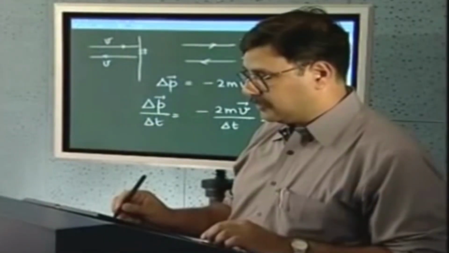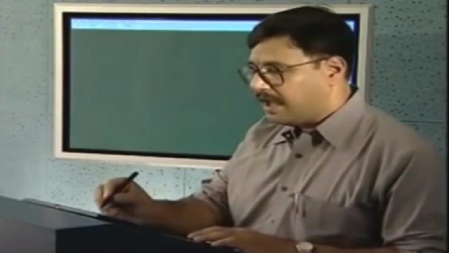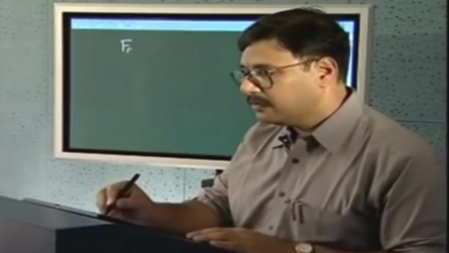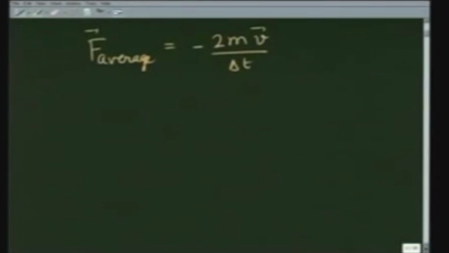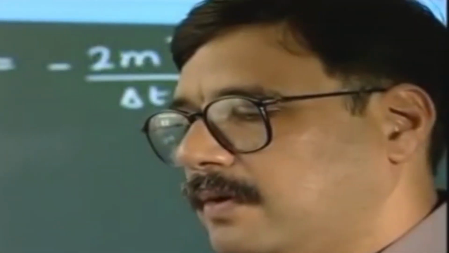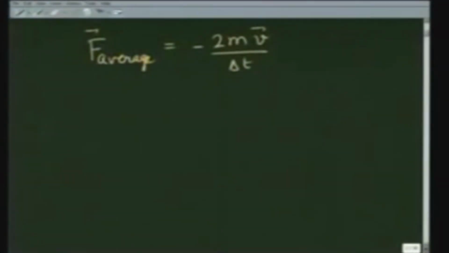Let me now ask, is this average force that I have written as minus 2 m v over delta t the same as the force at different instants? The answer I do not know, but let us try to find out.